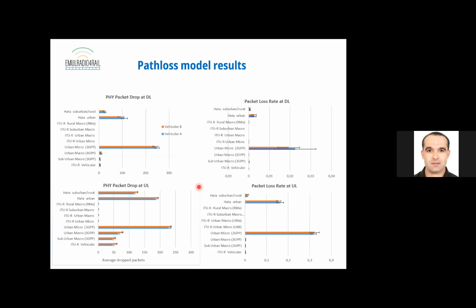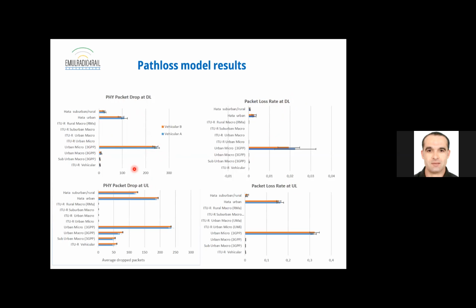So here is an overview of the obtained results. We plot the packet drop at the physical layer at downlink and at uplink, and the packet loss rate at downlink and at uplink. The main result is that the choice of path loss model affects the packet loss performances at the physical layer, and we have the worst performances with urban micro 3GPP and the HATA urban path loss model.